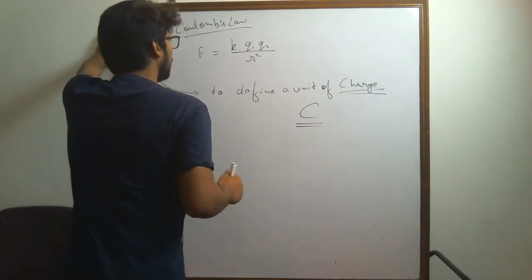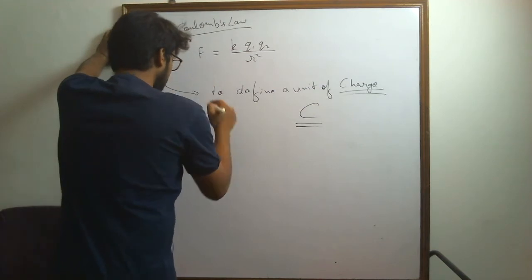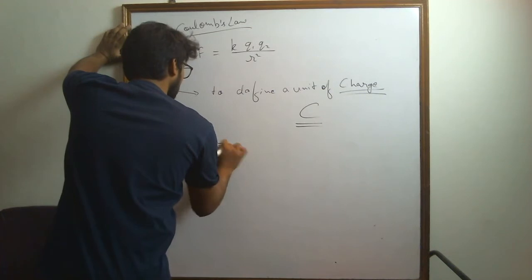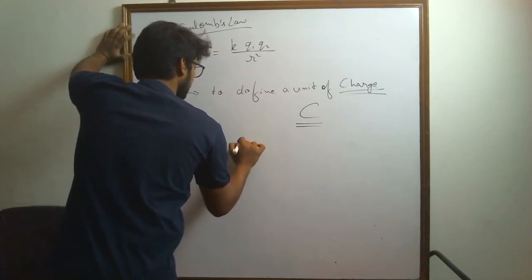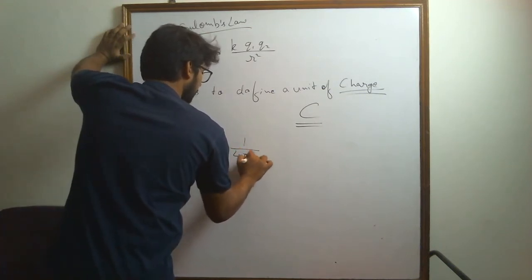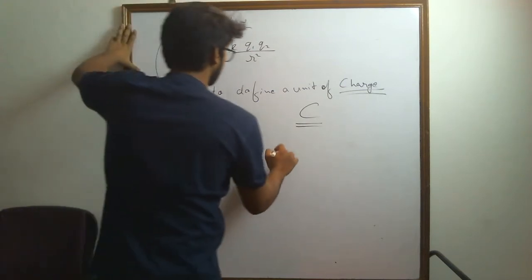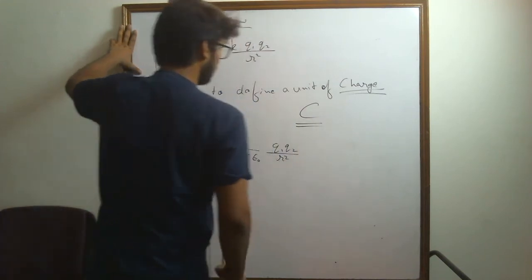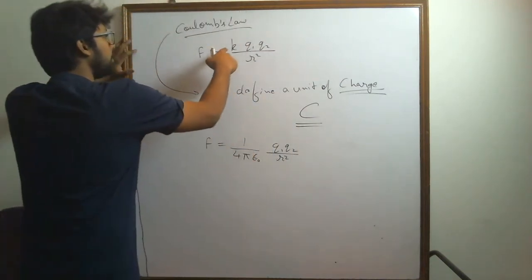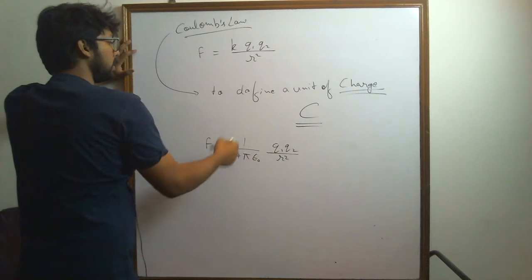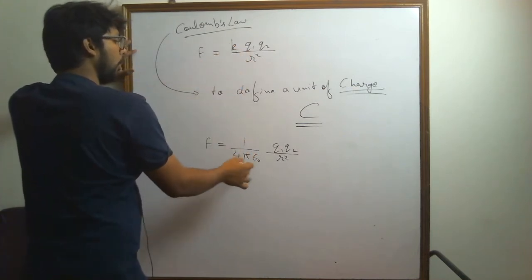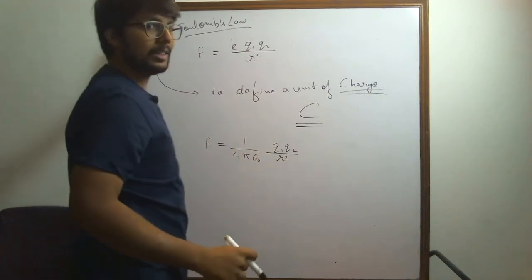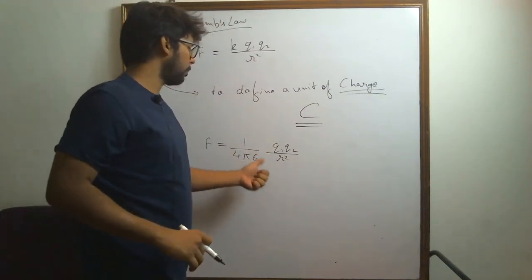So in this way, another way of writing Coulomb's law is 1 upon 4 pi epsilon into q1 q2 upon r square. So we replace k, which is the proportionality constant, with another form of writing it. This is still a constant value, just that we are writing it in a different form, which is 1 upon 4 pi epsilon.